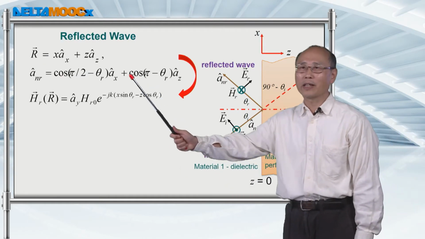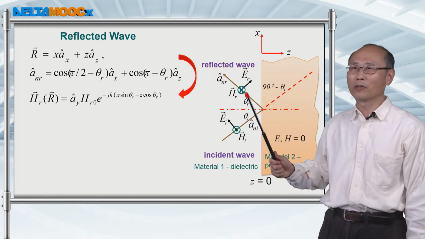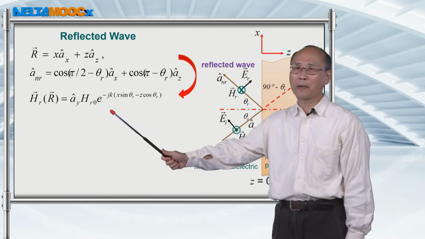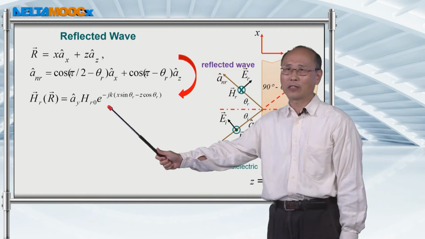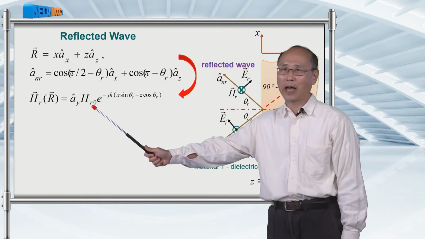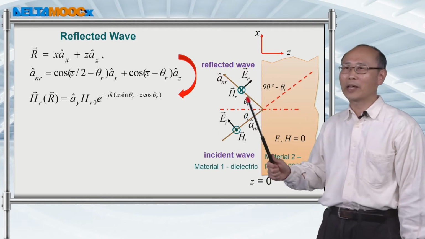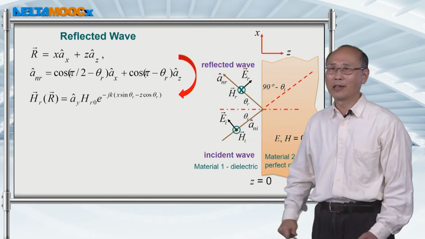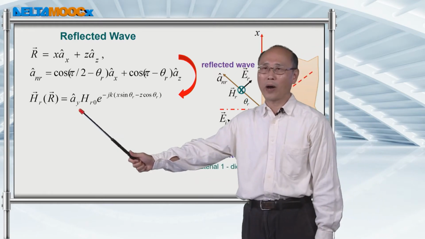Now you can also write down the field component for the reflected wave. And first you write down the magnetic field for this TM wave, because you only have one component transverse to the plane of incidence, and this component is along y direction.